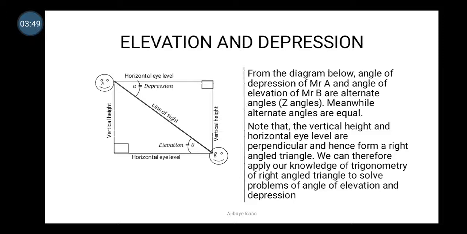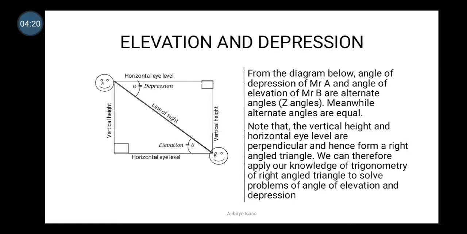We call them Z angles because they seem to form a Z. Alternate angles are equal. So if two persons are observing each other, one up and one down, the angle at which the one on top observes the person down will be equal to the angle at which the person down observes the person up. They are always equal.